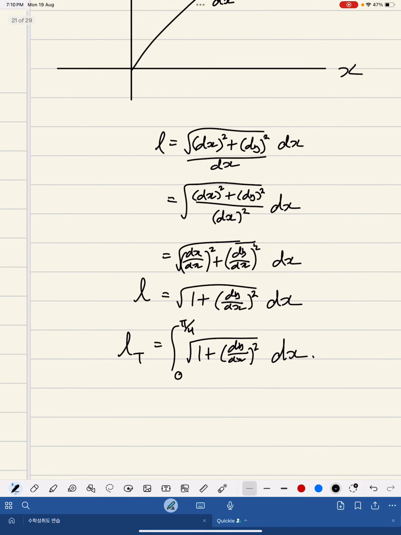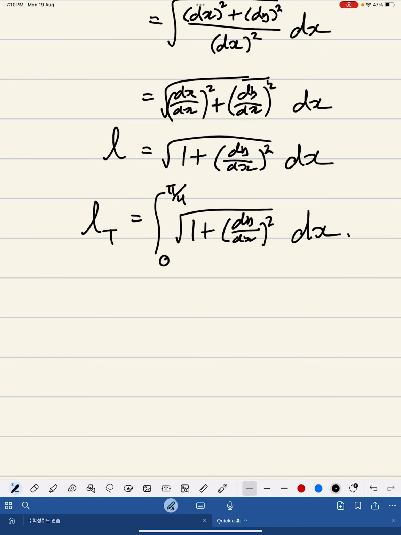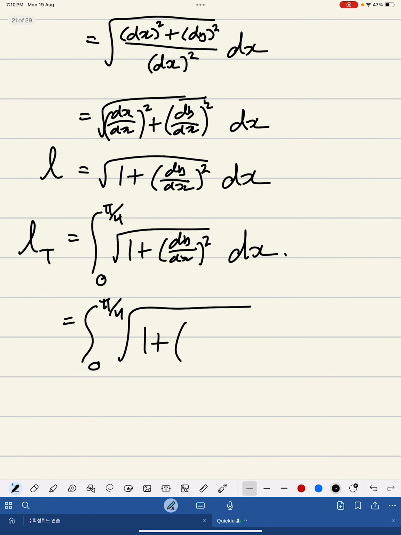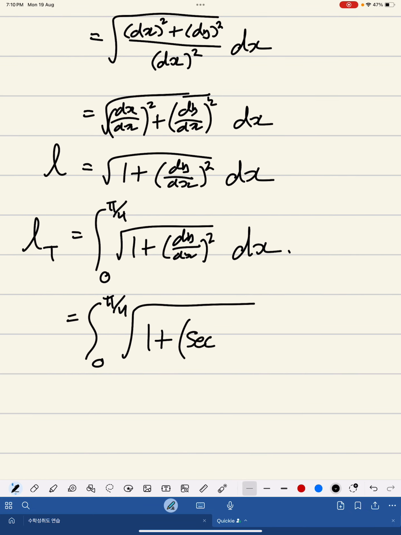So now what? Now we know that the answer we want to find is the integral from 0 to pi over 4 of root 1 plus that squared. So the root cancels out, right? 1 plus sec to the 8x minus 1, dx.